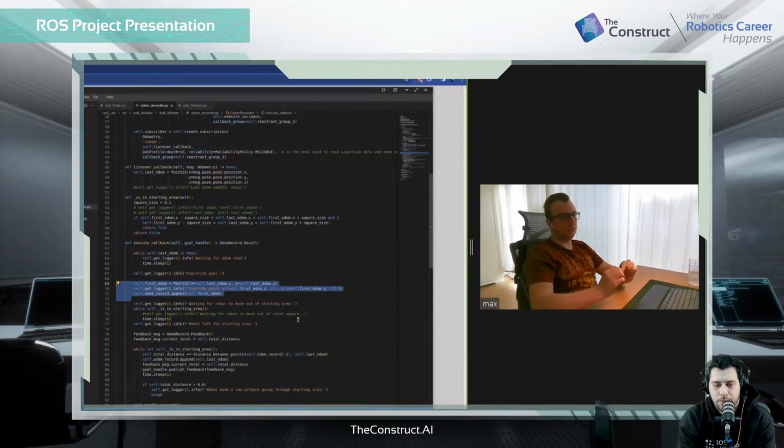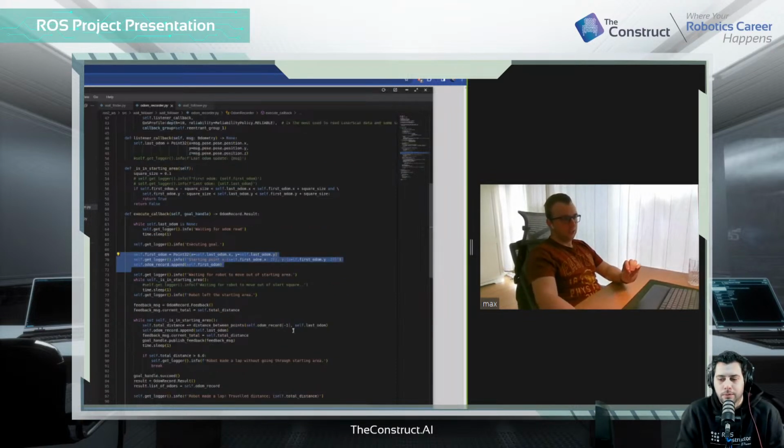What I did here, when I got my first reading in the 2D space of the grid, is I created a small square. As you can see on the screen right now, I have my robot somewhere in the grid.